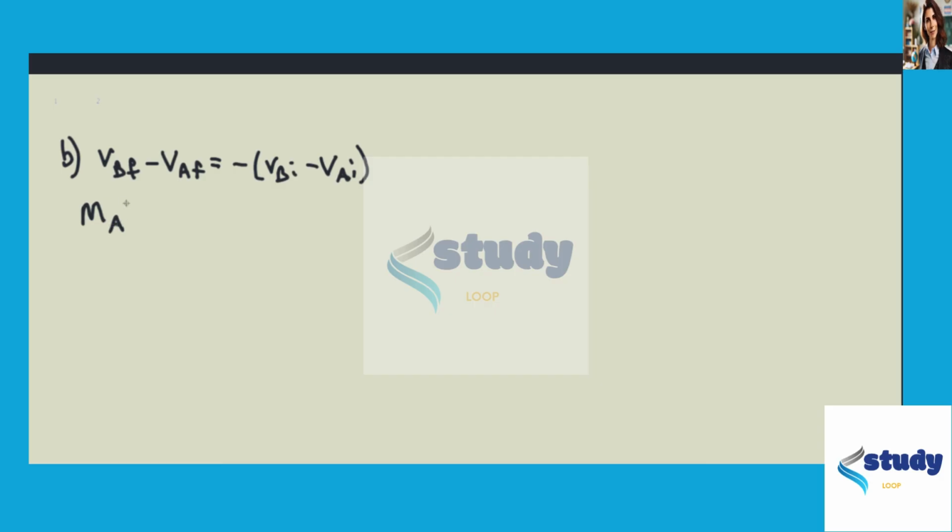So MA VA final plus MB VB final equals MA VA initial plus MB VB initial.